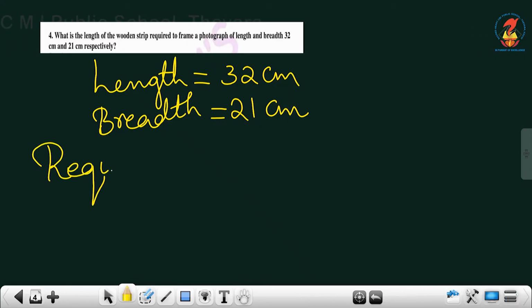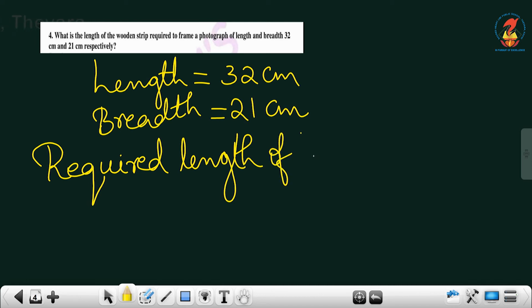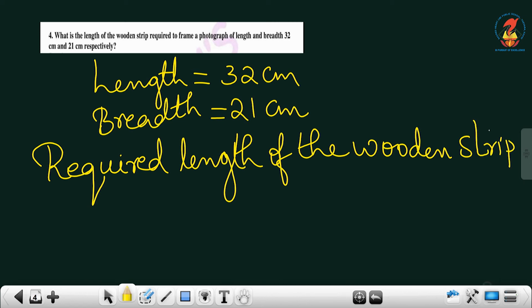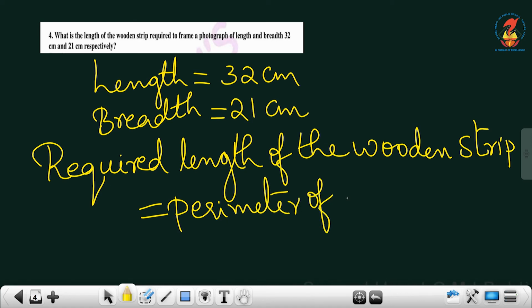Required length of the wooden strip is equal to perimeter of the photograph.